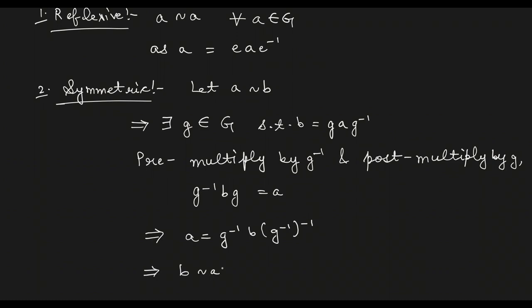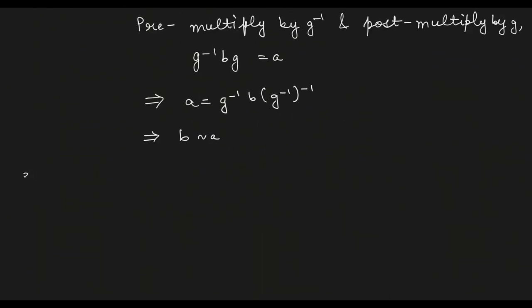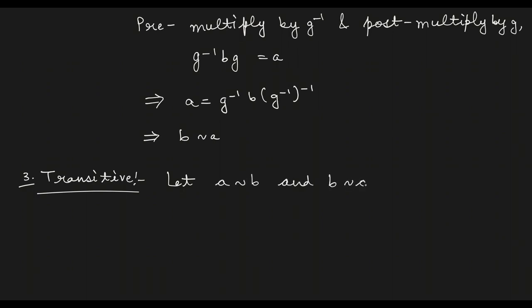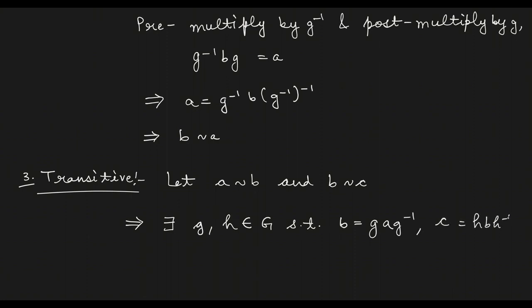Next is transitive. Let A be related to B and B be related to C. This implies there exist g, h belonging to group G such that B is equal to gAg inverse, C is equal to hBh inverse.